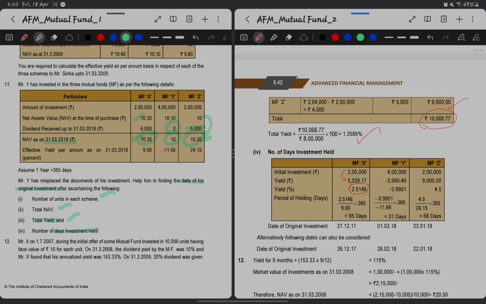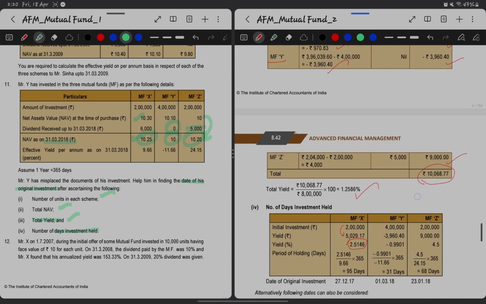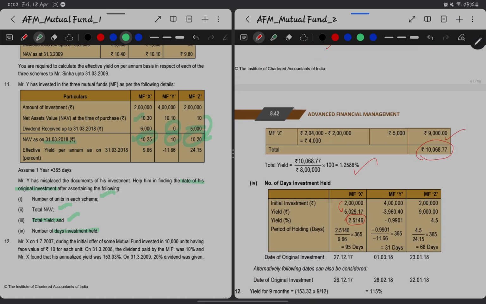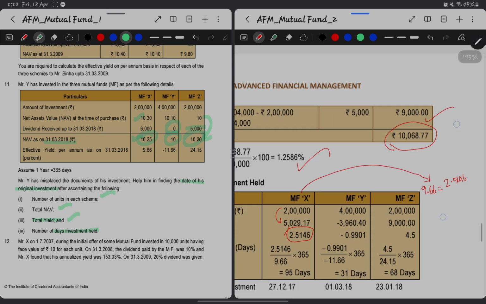So 2.5146 is for the period, divided by the annual 9.66, multiplied by 365 will give us the days, correct? Or simply, in case of MFX, in the previous problems we found this annual yield. How did we find the yield percentage? In our case, it is 2.5146.